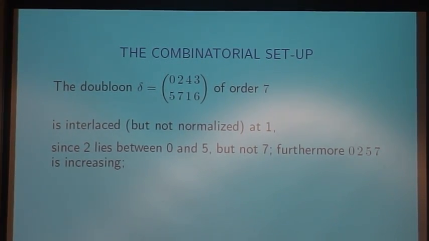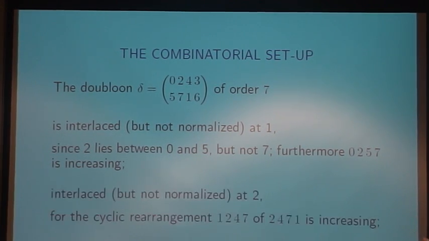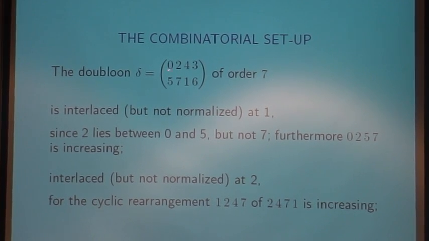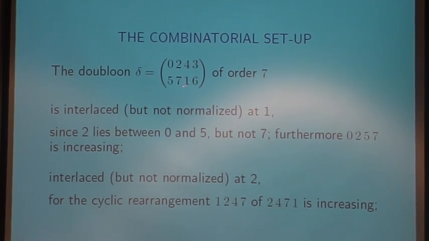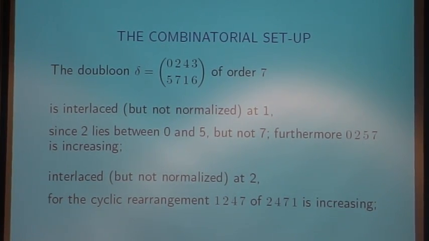Now it is interlaced at 1 because 2 is between 0 and 5, but not 7. Or the other possibility would be that 0, 2, 5, 7 is increasing. So it is interlaced here.